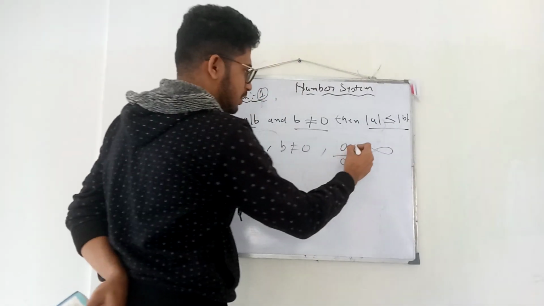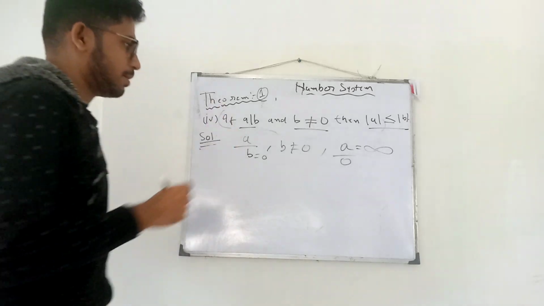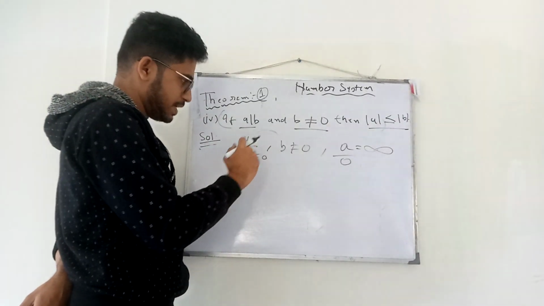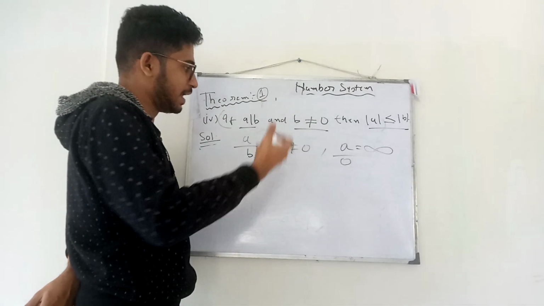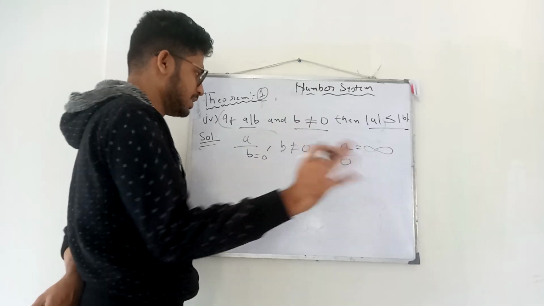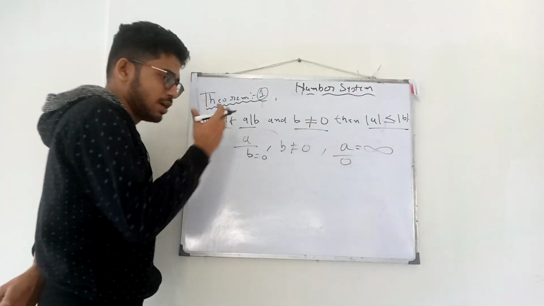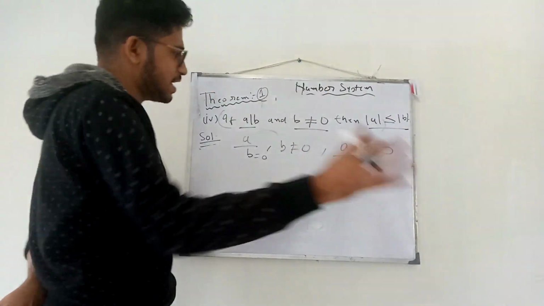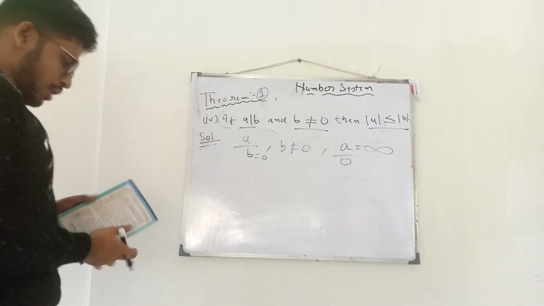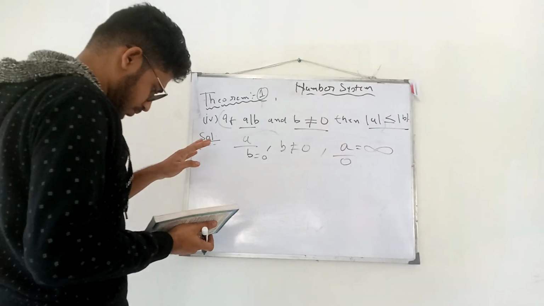But in this case, B is not equal to 0. That means B is greater than 0, meaning any number: 1, 2, 3, 4, 1 to 10, 10 to 20, be it 100, any number. I hope you guys understood this line.